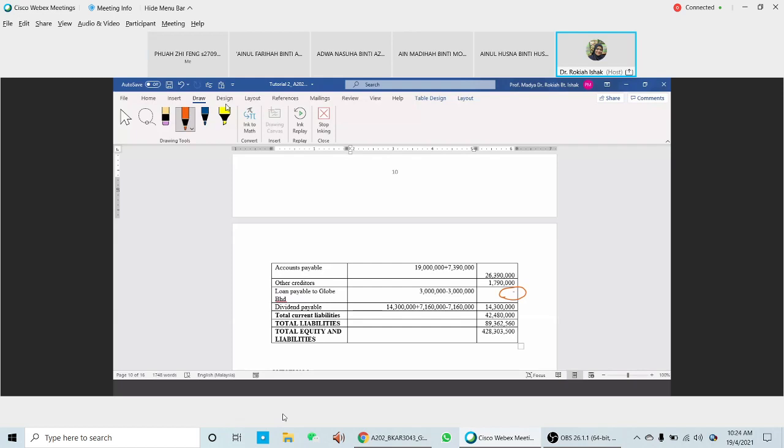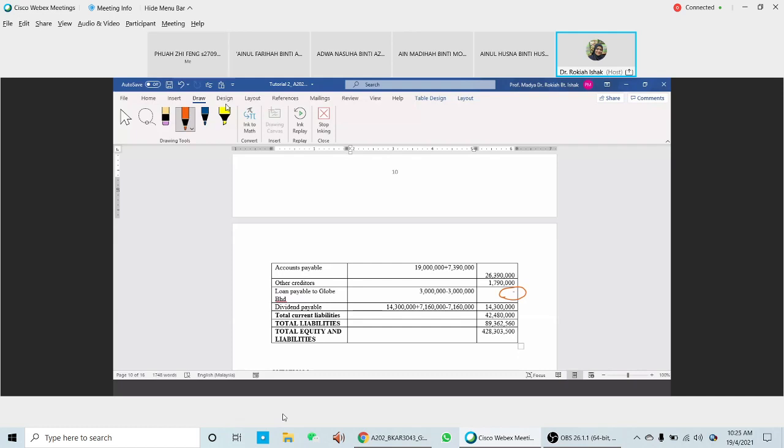Proposed dividend. We're talking about proposed dividend. It's not mentioned in the additional information, but you have that one in the statements. Because the dividends here are going to be paid to the parent, isn't it?